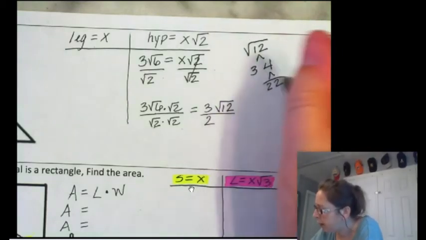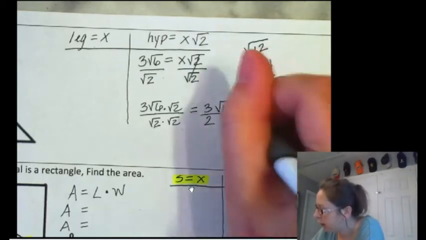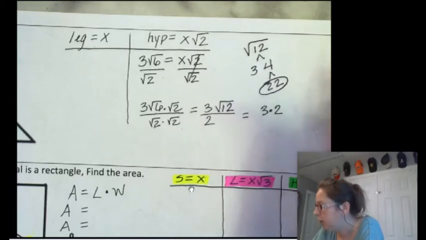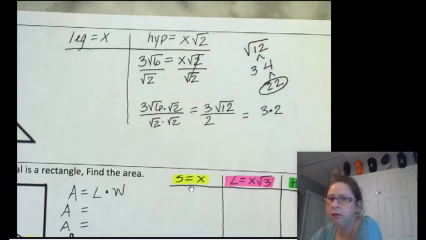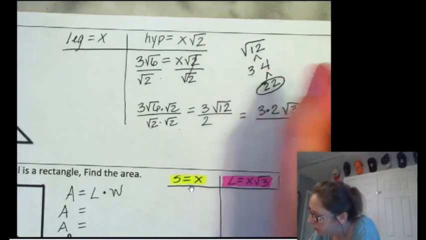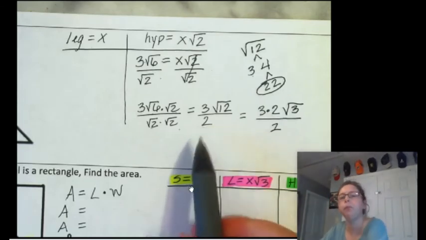So a pair of 2's can come out. So here's what I end up with. 3 times 2. There's no pair that goes with that 3, so it's going to stay inside the square root, divided by the 2 that was still on the bottom.